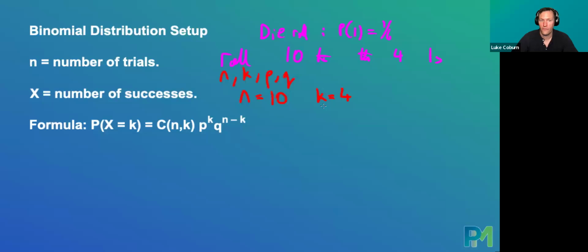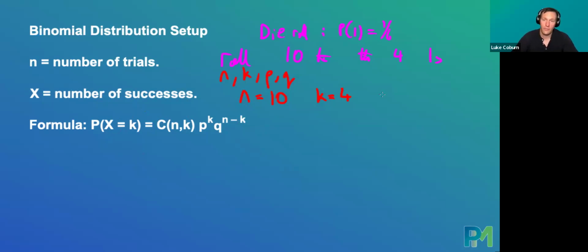This is the number of successes or favorable outcomes that you want. This business of capital X being the number of successes, and capital X equal to K, is just notation stuff. We're not going into too much depth in probability, so don't get bogged down with notation. Just understand it in an intuitive way.